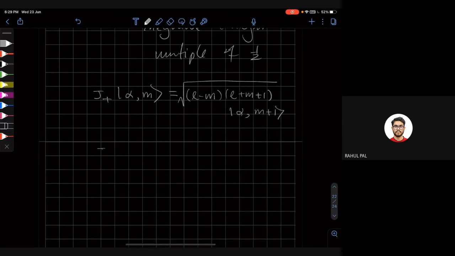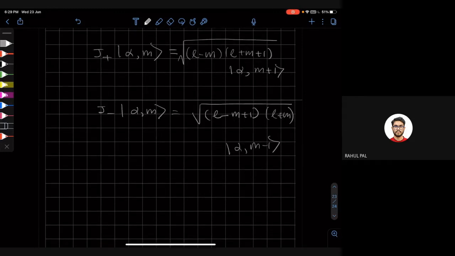And J minus is then alpha of M square root of L minus M plus 1, L plus M, alpha M minus 1, okay?